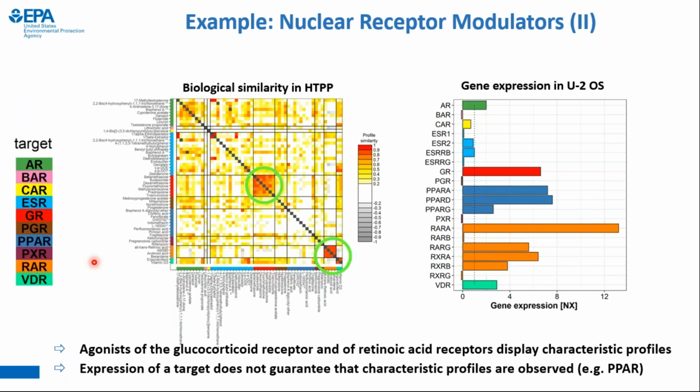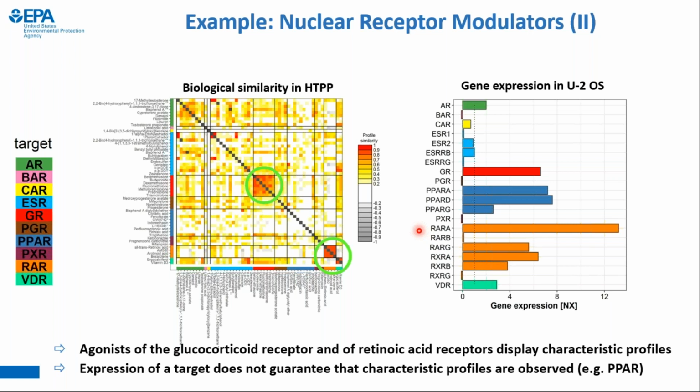What you can see is that there are two groups of chemicals for which the different modulators gave very similar phenotypic profiles. These are, again, the glucocorticoid modulators and the retinoids, as well as the vitamin D agonists. They give very characteristic profiles that look different from the other chemicals. And again, that lines up well with gene expression.